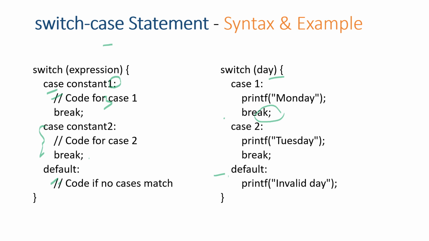If it is case 2, it will print Tuesday, and the break statement will jump out. So this break statement prevents fall through execution, and this is an example of the switch case statement.